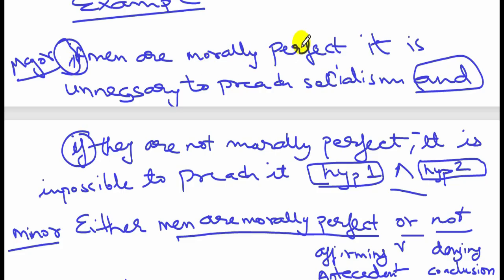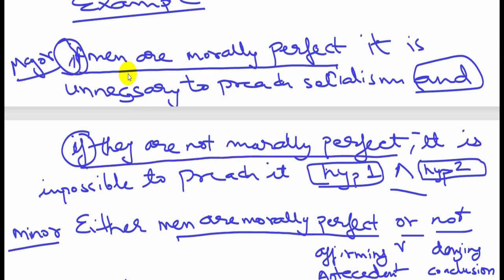So the minor premise affirms the antecedent of the hypothetical major premise. So these are the major premise of the hypothetical. If men are morally perfect, if they are not morally perfect, it affirms both of them.